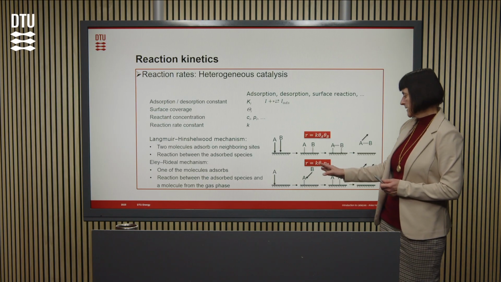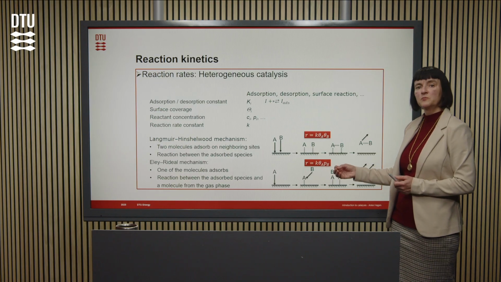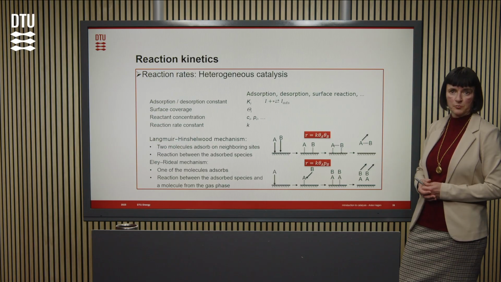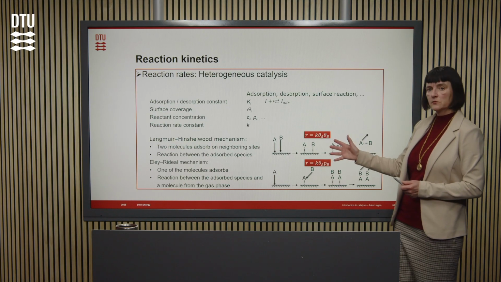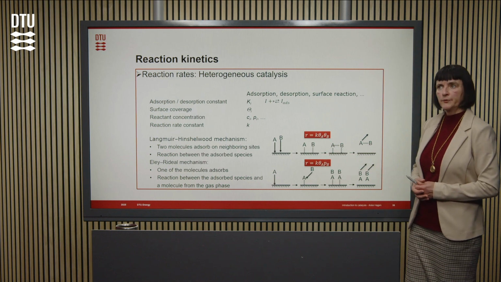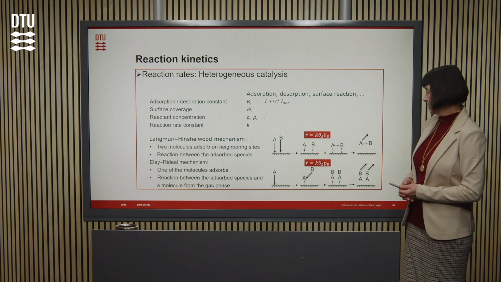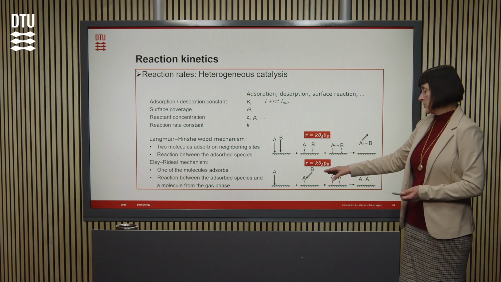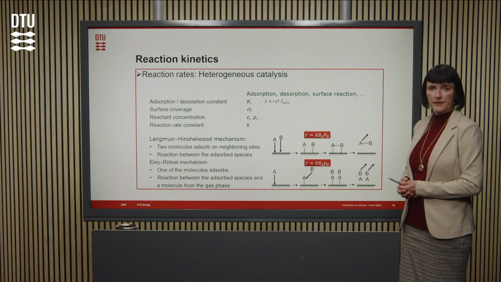However, if one is adsorbed and the other from the gas phase, then it's no longer the adsorbed species B, but the species B in the gas phase that you express as a partial pressure. So it has quite a big impact on how the equation looks like and also what are your parameters that you can change to increase the reaction rate. Like here, I don't see in this equation the concentration of adsorbed species B, so they don't play a role for this reaction.